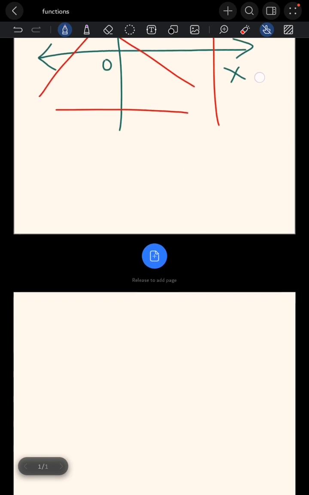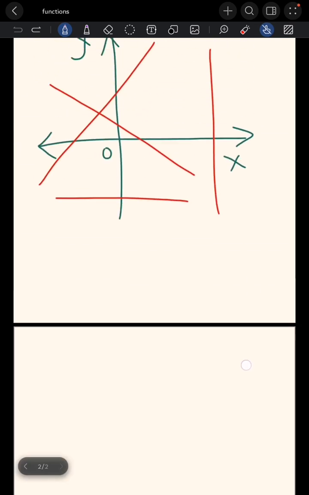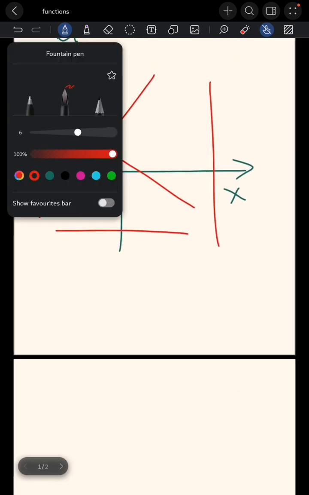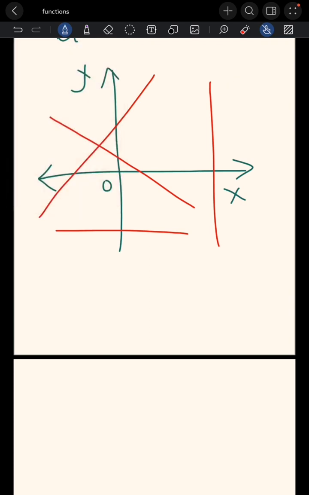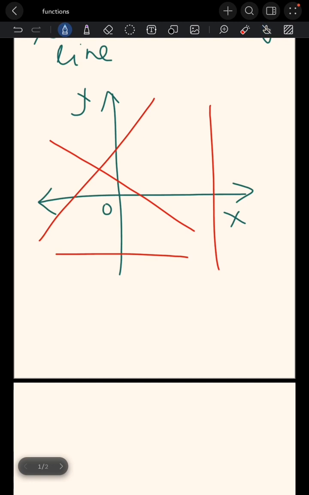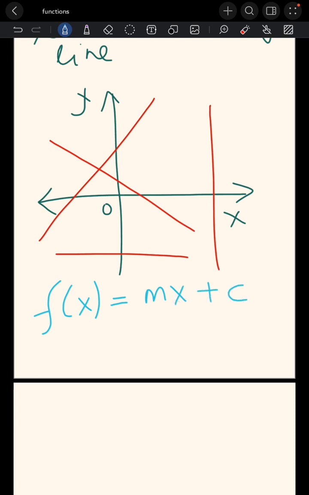Now let's explain how it works. I've written 4 lines here. Now I have to explain how functions work. So functions that are straight line are defined in the form f of x is equal to mx plus c.